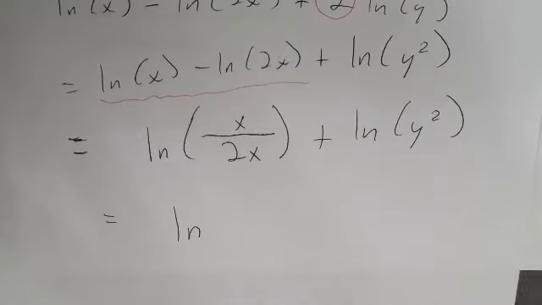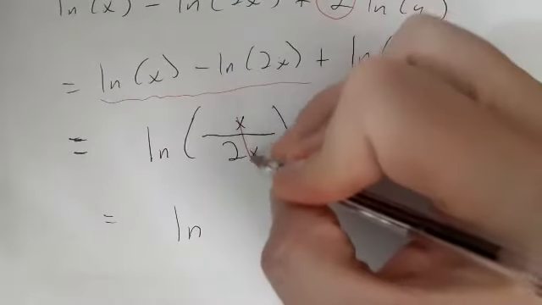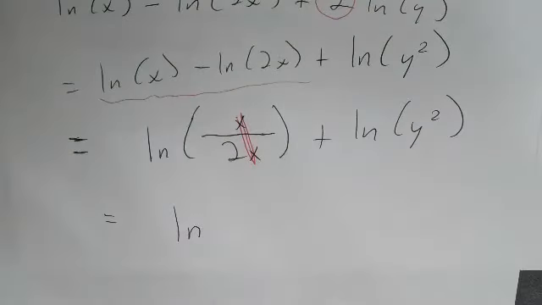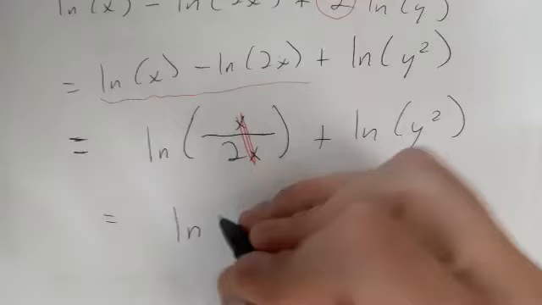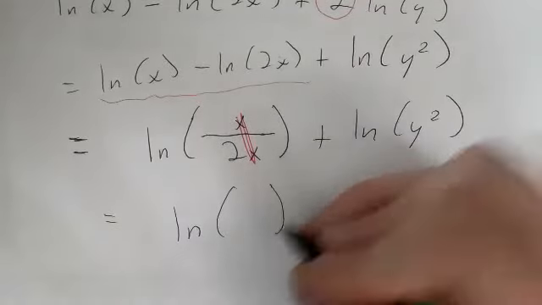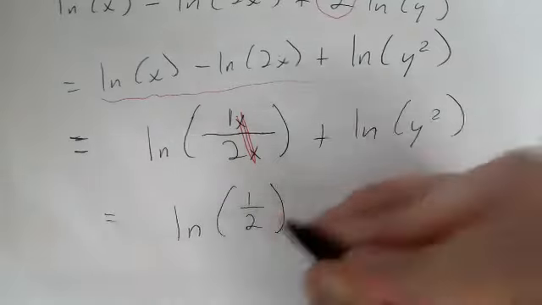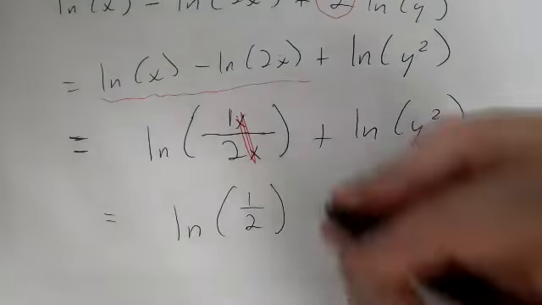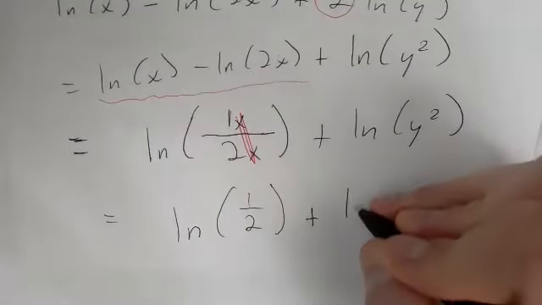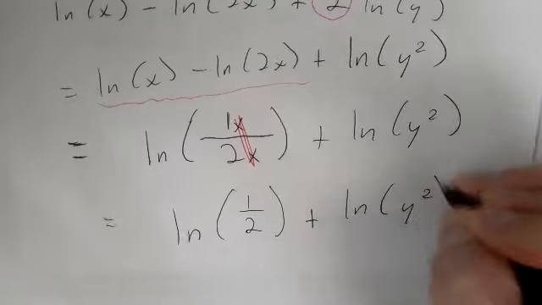So this is ln. If we want, we could simplify this thing now. But we have an x over an x. So this is an ln of, and don't forget there's like a 1 coefficient up here, so this is like a 1/2. And we want to add ln of y squared.